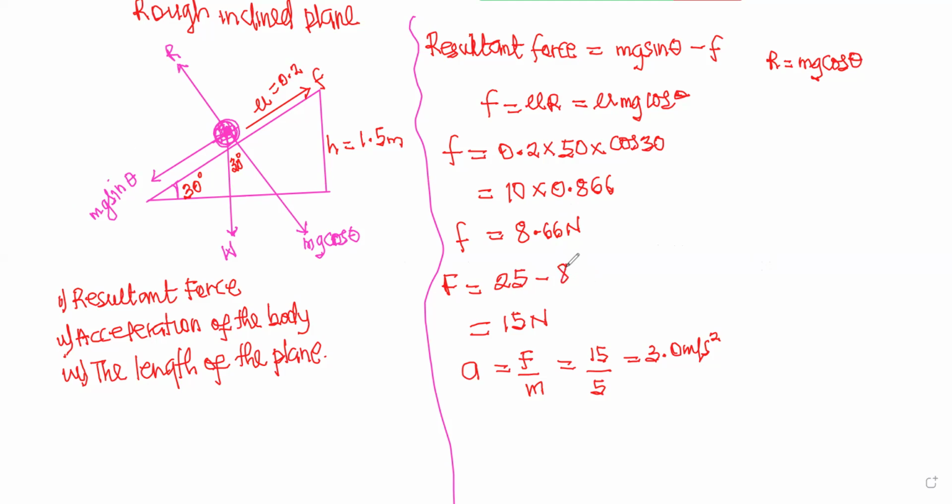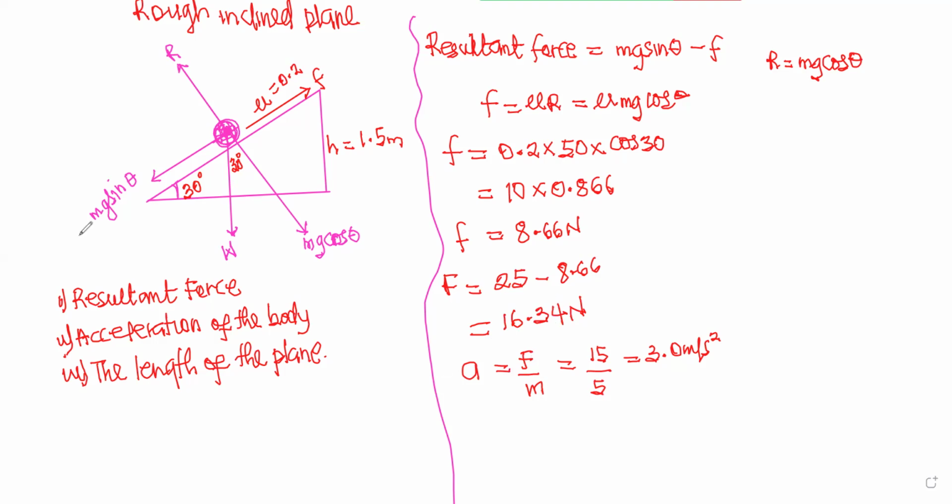So 25 minus 8.66, that is 16.34 Newton, and that is the resultant force.